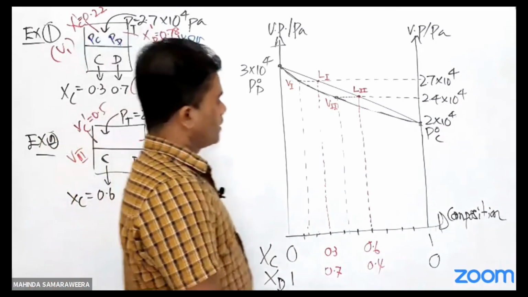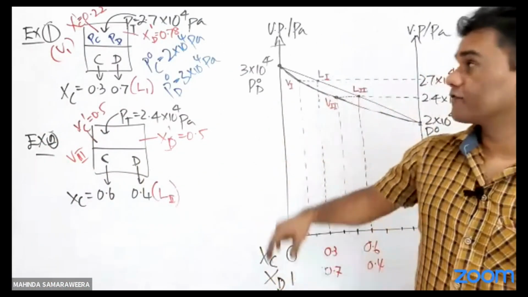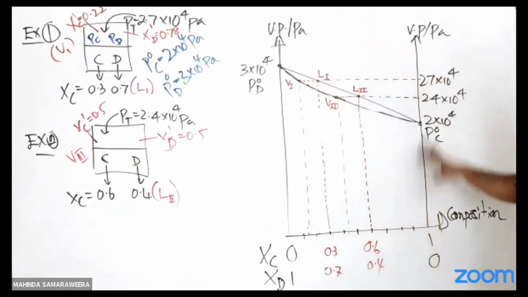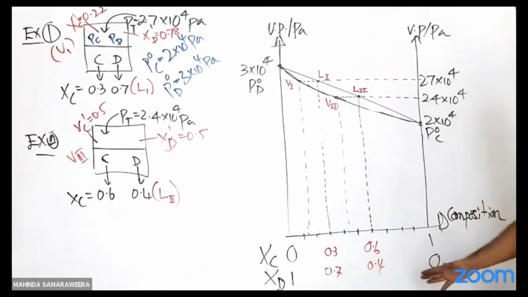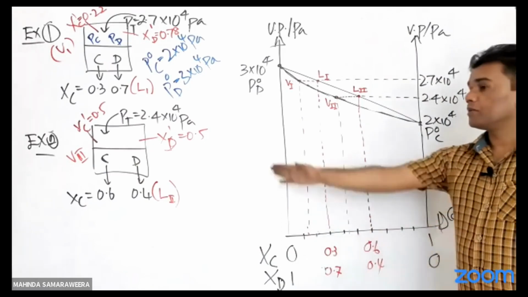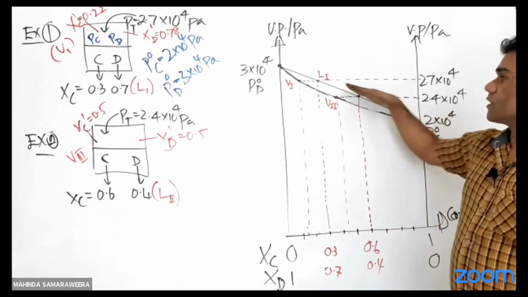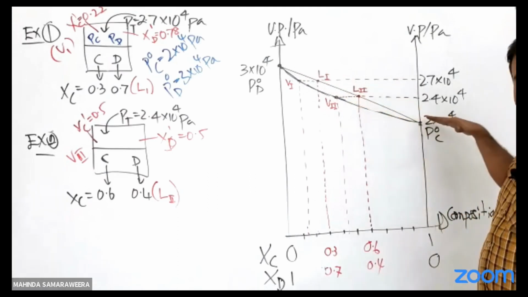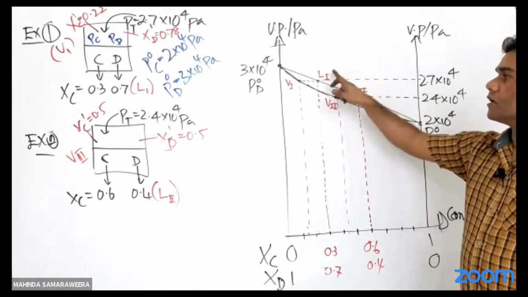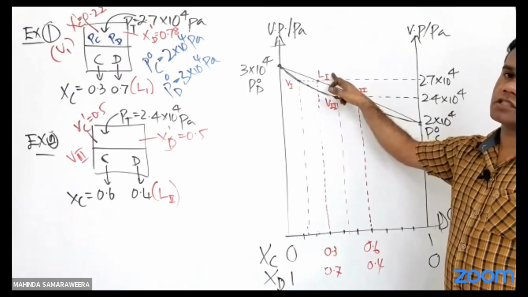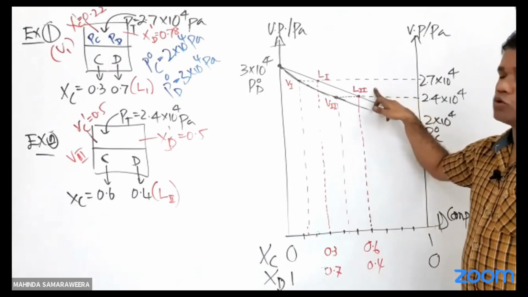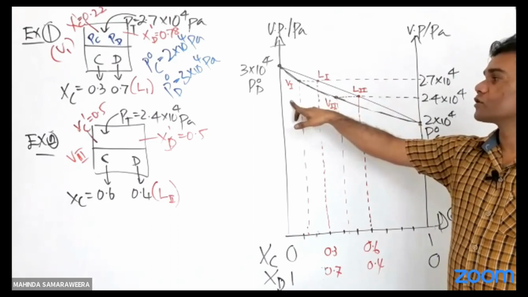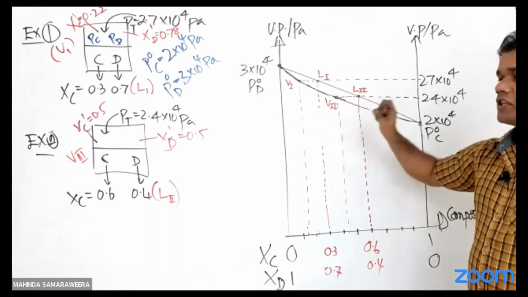Then we have represented everything, complete information on the diagram. You can see labels XC, XD, and 0.1 and 0.0 like that, P0 values, then variation of total vapor pressure, liquid composition in experiment 1 and experiment 2, vapor composition in experiment 1 and experiment 2.